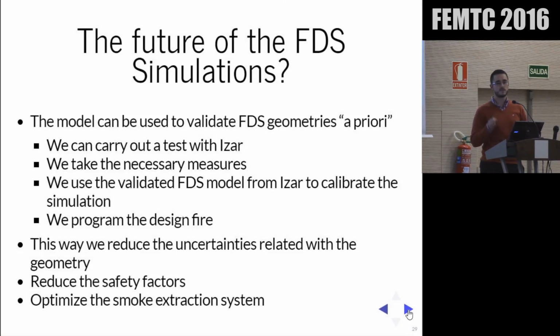With these measurements, since we know we have a validated model for the system, we may validate the geometry, and after that we will work with the design fire. We think that should help to reduce some uncertainties related with the geometry, and it could be useful to optimize the smoke extraction system.